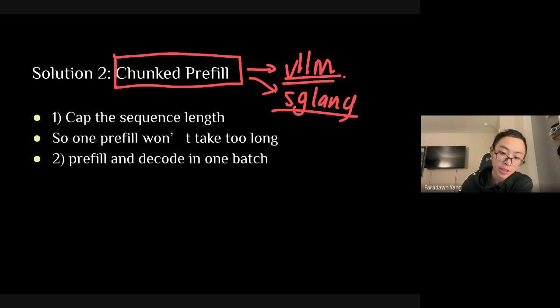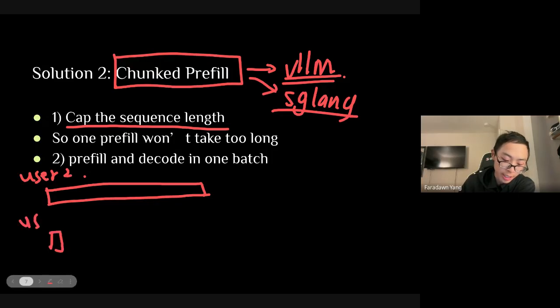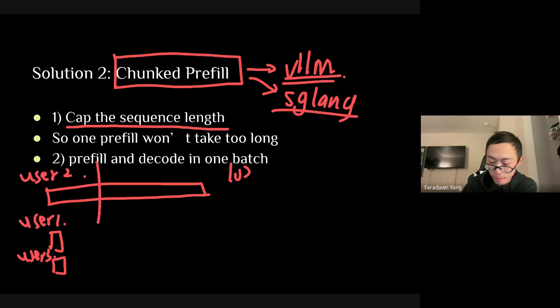So what does it do? It caps the sequence length. The previous problem was if a prefill, say user 2's prefill, is very long, user 1 in the decoding stage and user 3 in the decoding stage need to wait. How about we chunk this prefill up? So instead of 1024, let's say the chunk size is 4 tokens.